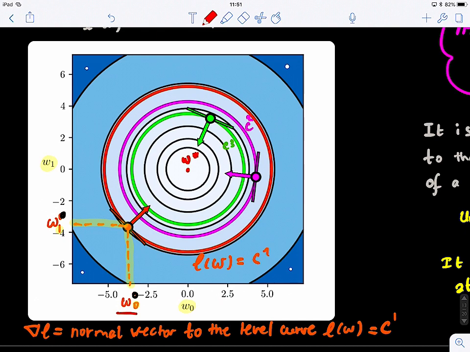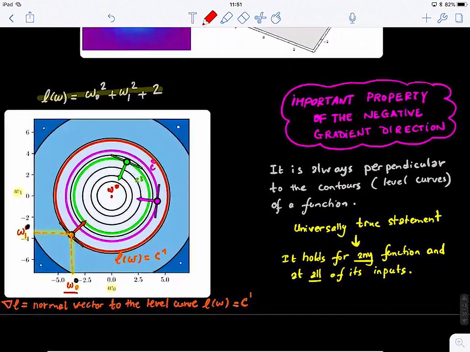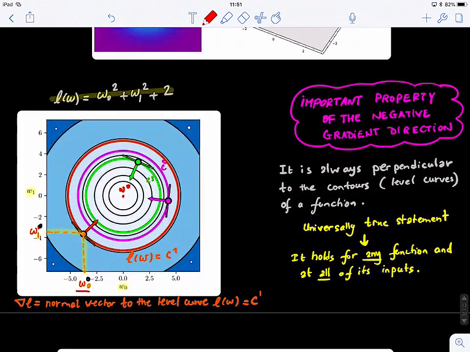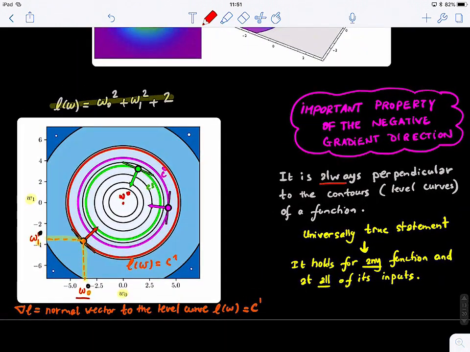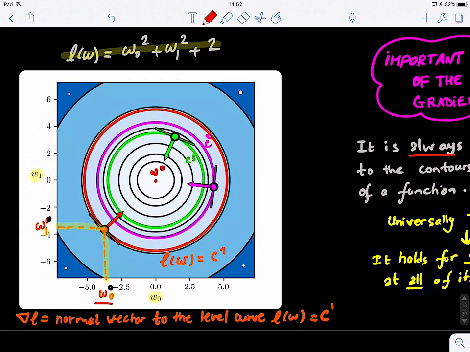Okay, so one important property of the negative gradient direction is that it is always perpendicular to the contours, or what we call the level curves of a function. This is universally true, which means whatever function you have, whether it's concave or convex, your gradient is always perpendicular to the level contours.